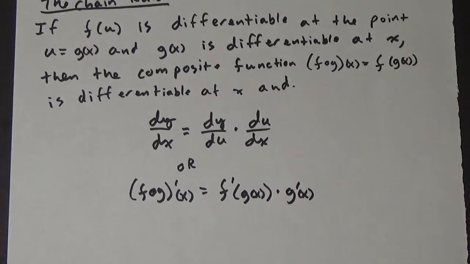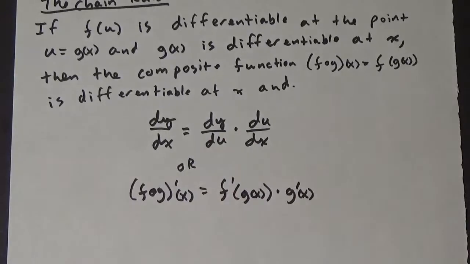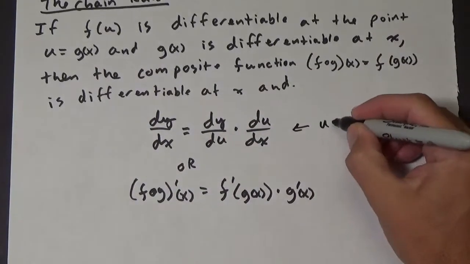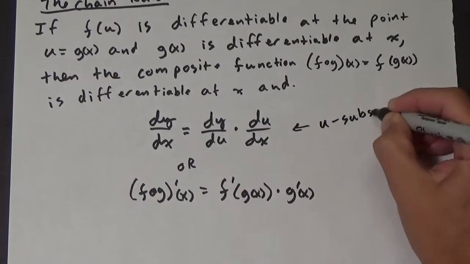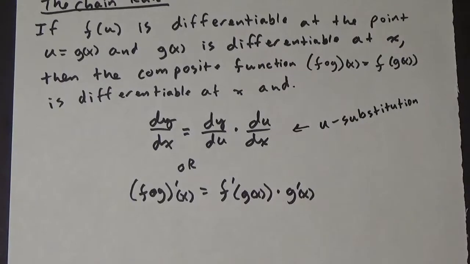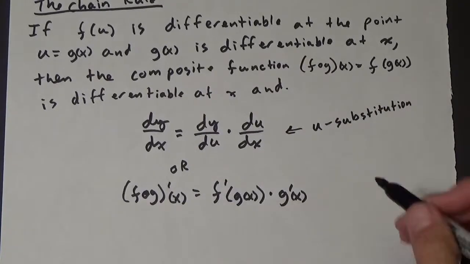If we find the derivative of a composite function using the first one, this is what we will call the method of u substitution. And then if we use the second method here, that's going to be the inside-outside rule.